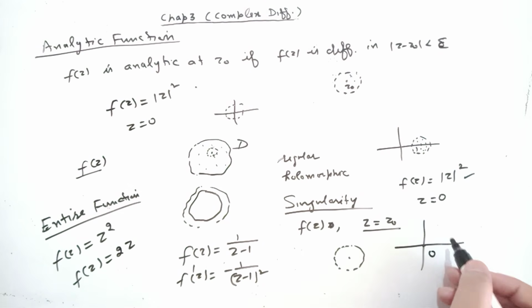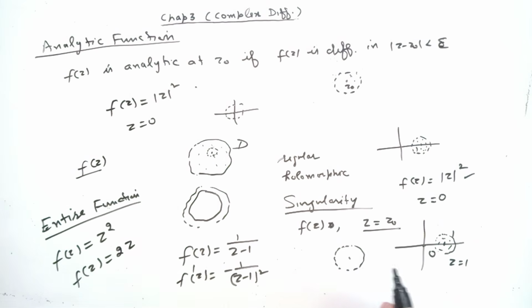So for example, you consider z equal to 1. Clearly the function is not differentiable here, so you will say that it's singularity. No, it falls out of the definition of singularity. Reason is that you cannot find a point where the function is analytic in the neighborhood of z equal to 1. So singularity means a point with strange behavior of the function. But if all points in the neighborhood are with the same behavior, function is not differentiable anywhere. So it is not singled out. So it's not a singularity by definition.